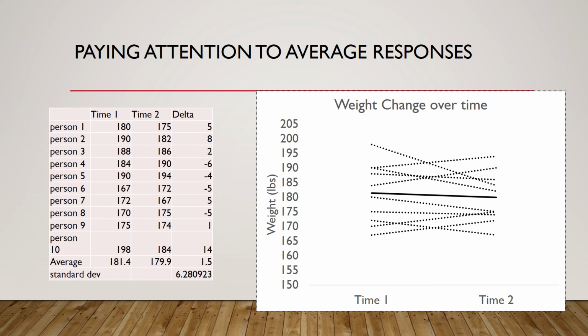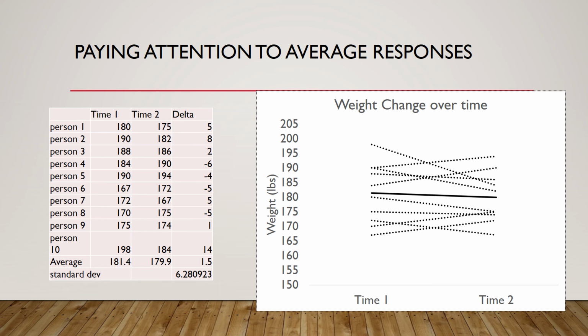And the reason that we try to pay attention to all of this is so that we can educate people and say, okay, if you do X or Y program, you will, on average, lose 1.5 pounds plus or minus 6.28 pounds. Now, that sounds crazy. To me, it does, at least, because that is a very wide variance.